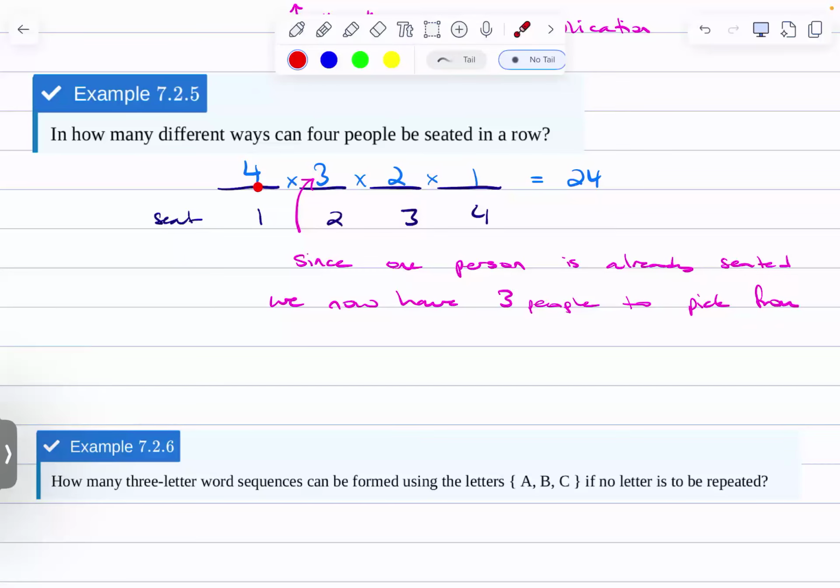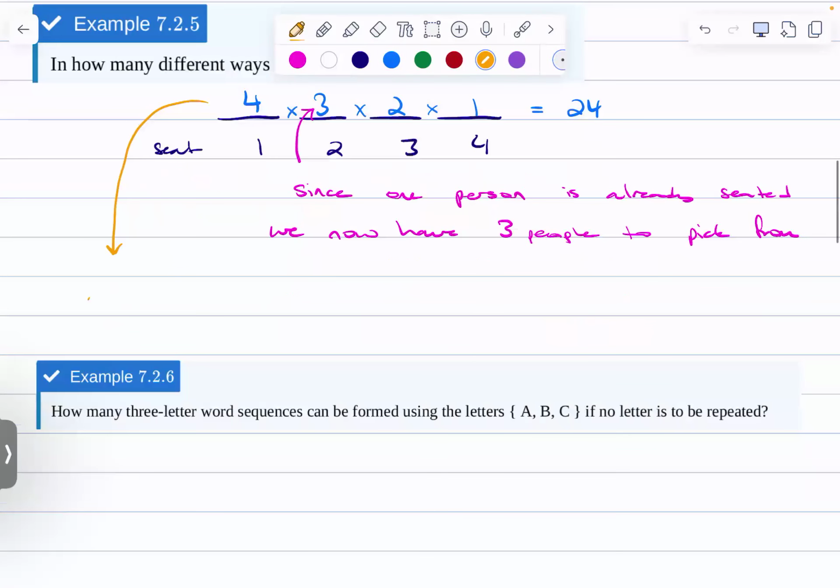Do I want to do this? Sure, why not? I'll make a note here. Note, we'll see it more, but 4 times 3 times 2 times 1 is called 4 factorial. It's the same as 4 exclamation mark, 4 factorial.